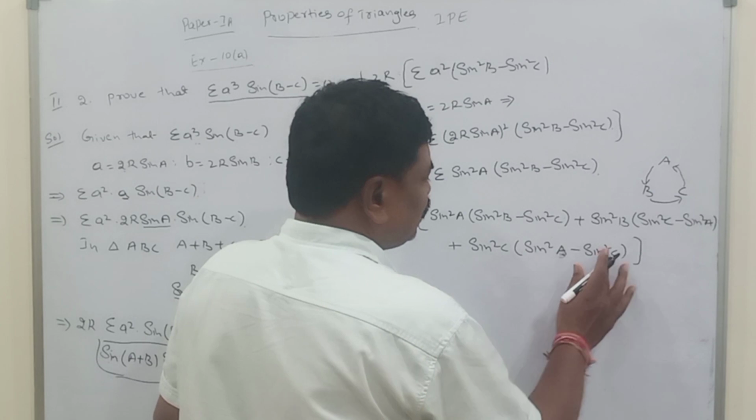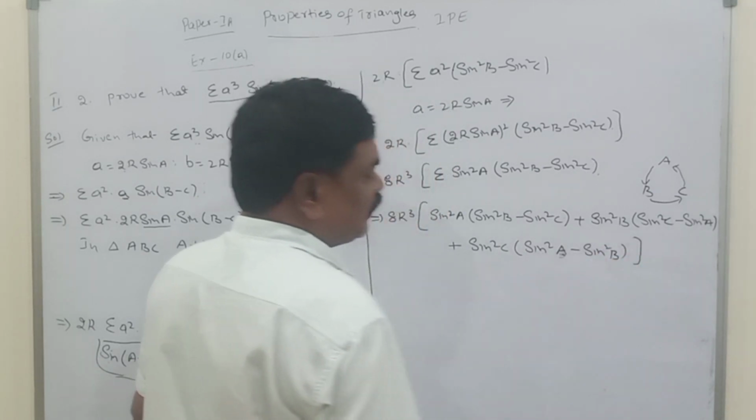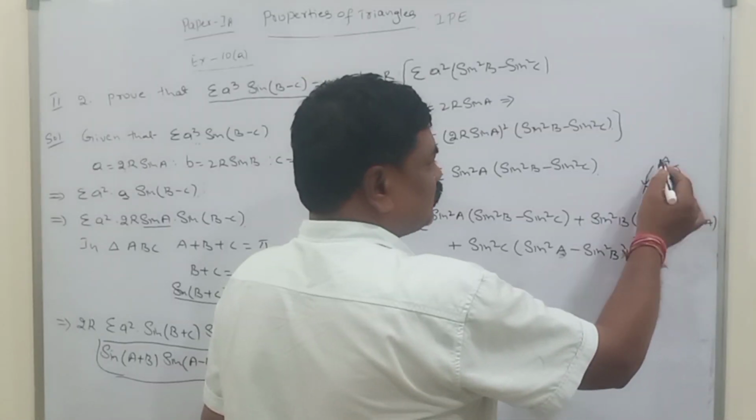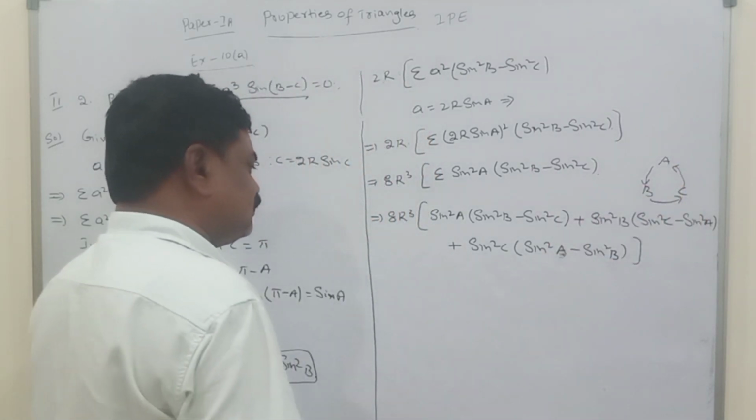So sine square A minus sine square B, minus C, minus A, minus B is there.